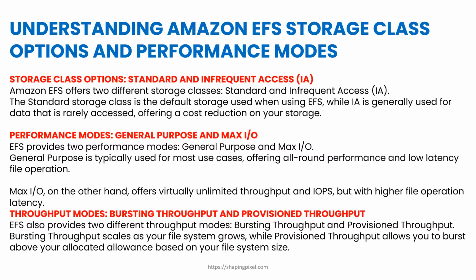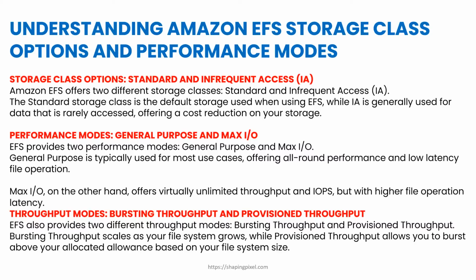EFS provides two performance modes, general purpose and max input output. General purpose is typically used for most use cases, offering all-round performance and low latency file operation. Max input output, on the other hand, offers virtually unlimited throughput and IOPS, but higher file operation latency.